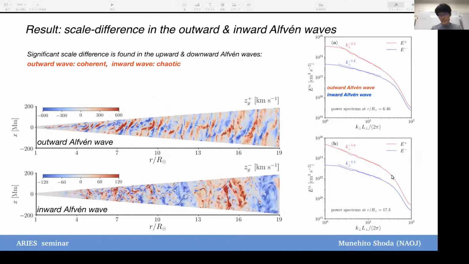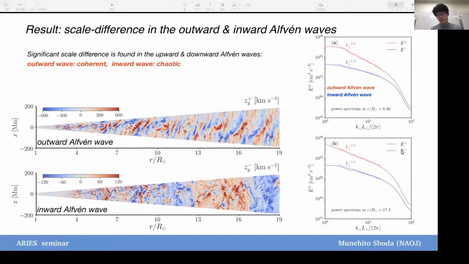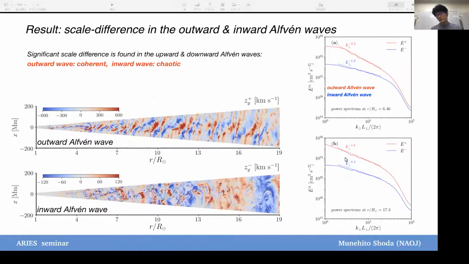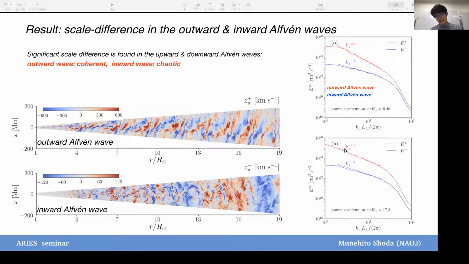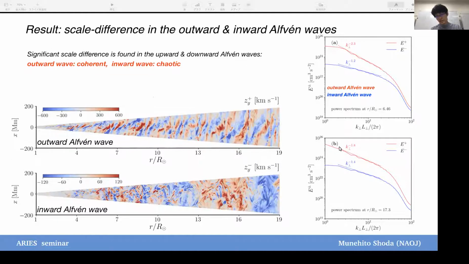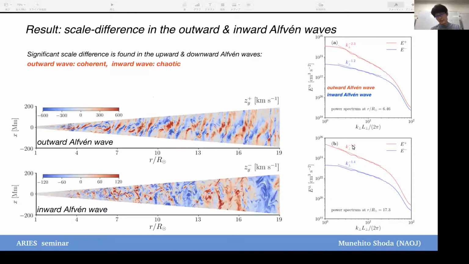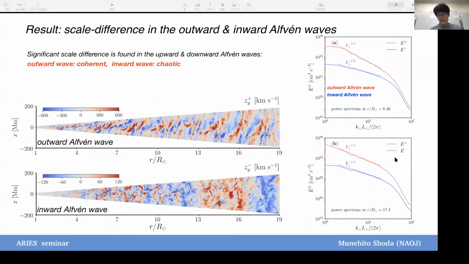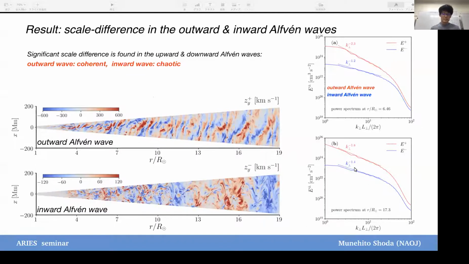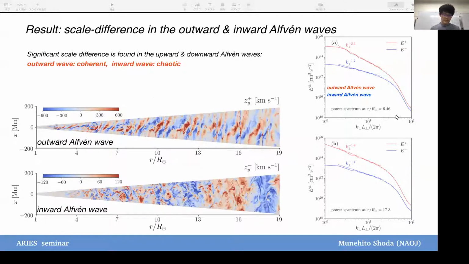But if you go further, the difference between the outgoing and incoming waves becomes milder. You still have a difference, but it gets smaller compared with the closer region.